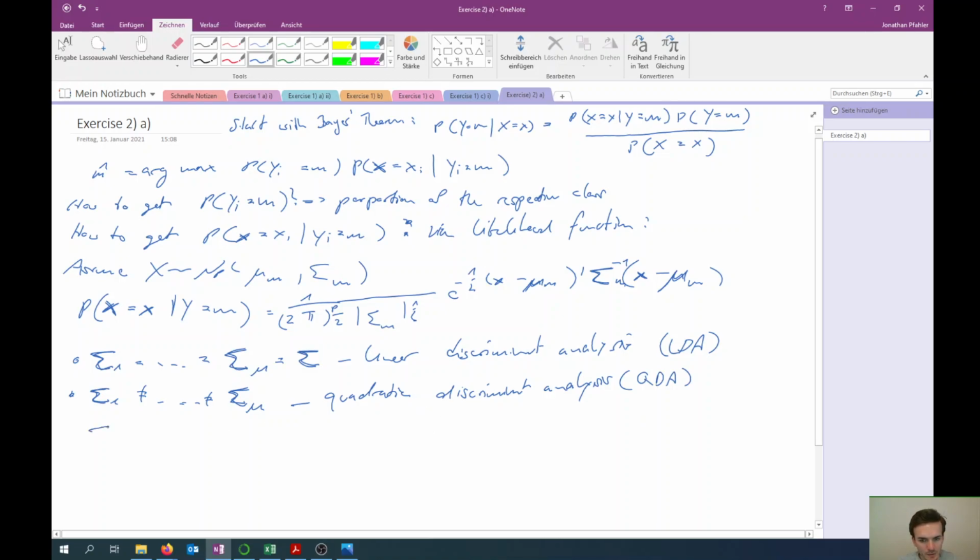Or if they are all equal and diagonal, so that means that all values but the ones on the diagonal are 0, then we can use the naive Bayes classifier.